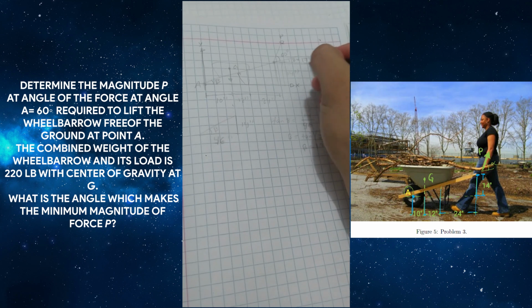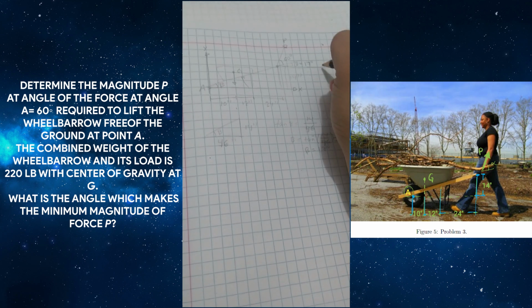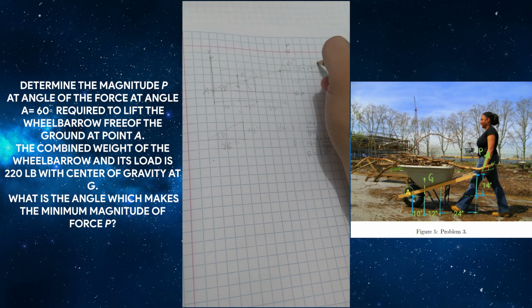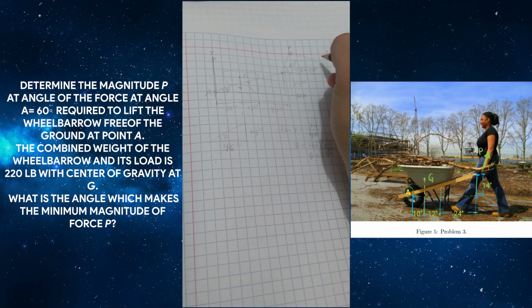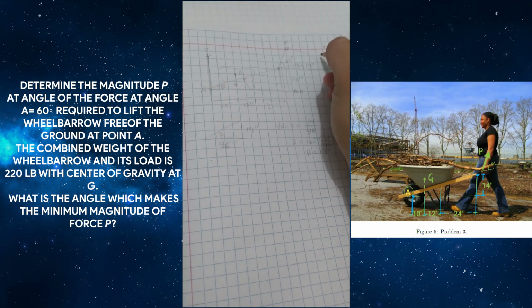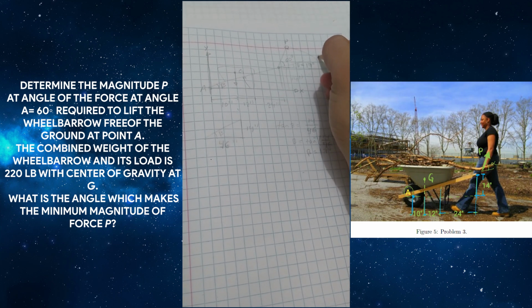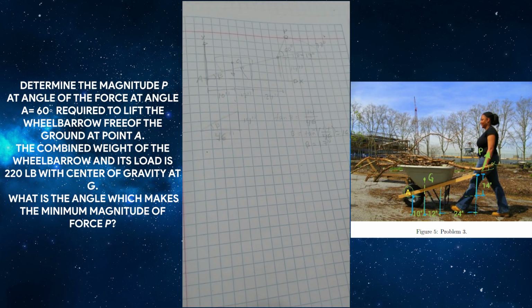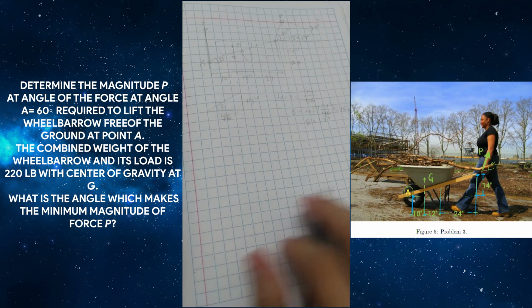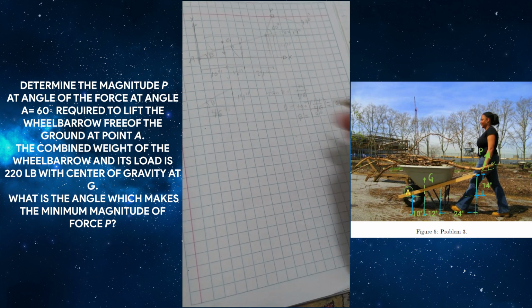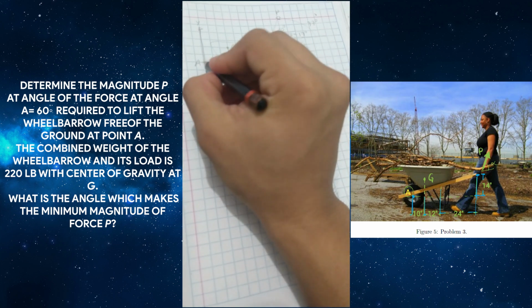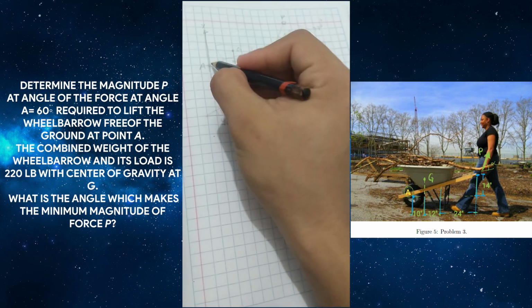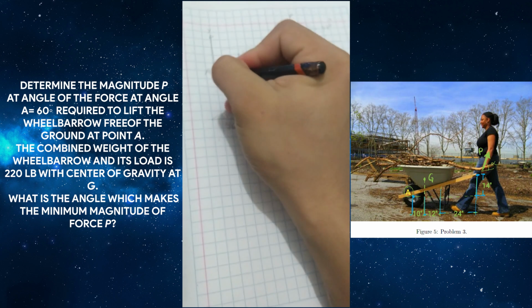Well, all these angles with respect to the x-axis to the force P is 60 plus 17, that makes 77 degrees. So here we have two reactions.